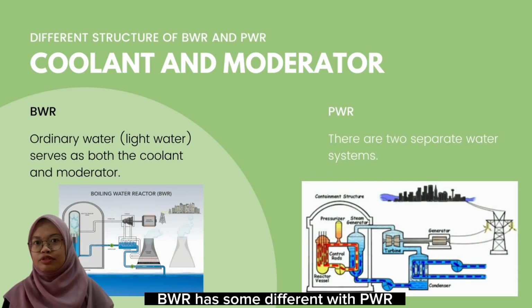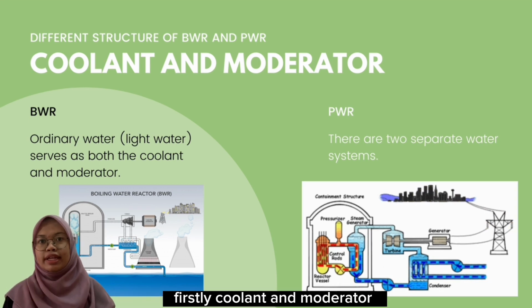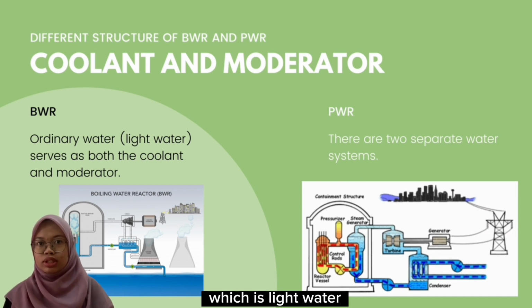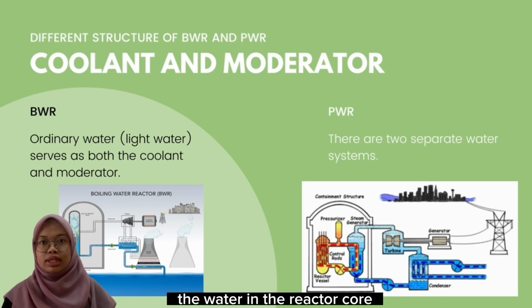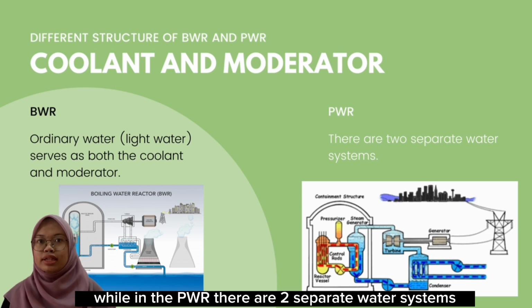BWR has some differences from PWR, which is also one of the basic types of nuclear reactor. Firstly, coolant and moderator. In a BWR, ordinary water, which is light water, serves as both the coolant and moderator. The water in the reactor core boils and directly produces steam that drives the turbine. While in a PWR, there are two separate water systems.